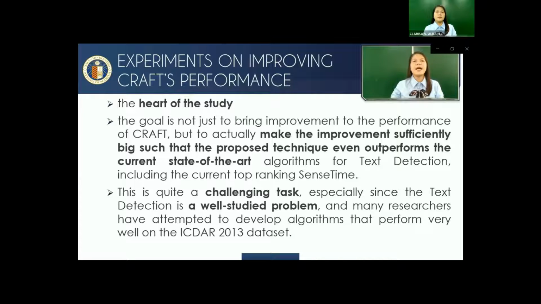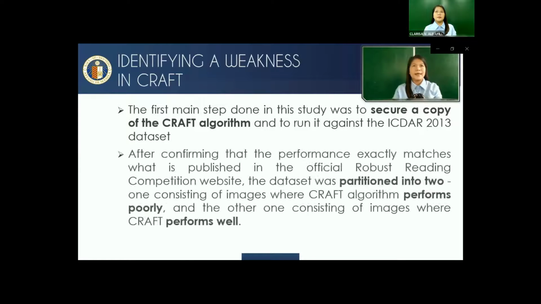This is quite a challenging task, especially since text detection is a well-studied problem and many researchers have attempted to develop algorithms that perform very well on the ICDAR 2013 dataset. In identifying the weakness in CRAFT, the main step done in this study was to secure a copy of the CRAFT algorithm and to run it against the ICDAR 2013 dataset.